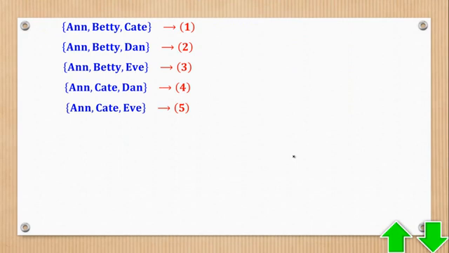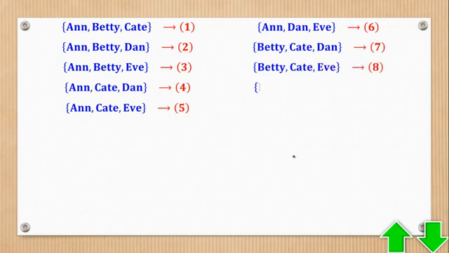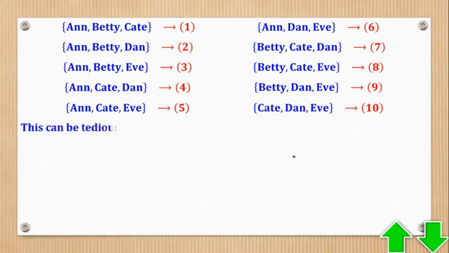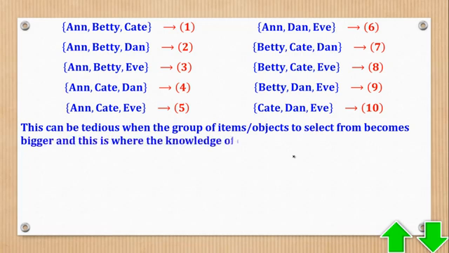But that's not all. We still have this selection too. So in total, there are 10 ways of selecting 3 students from a group of 5. But it may be hectic if the number becomes bigger. So you need to have the knowledge of what we call combinations.